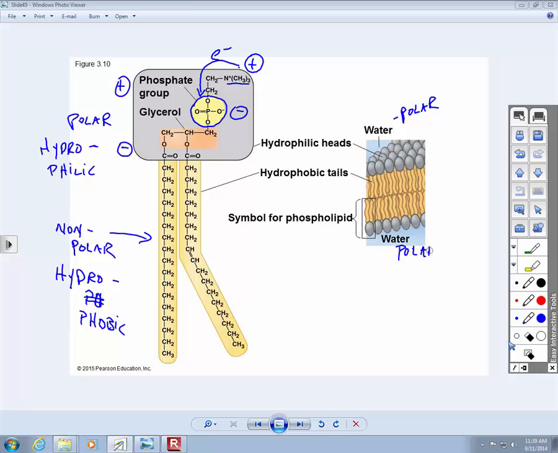Now remember, the phospholipid is 45% of the plasma membrane. PM, plasma membrane. Okay, so your heads are again hydrophilic, and if you notice, the most exterior part of that is positive, and the more interior part of that would be negative.